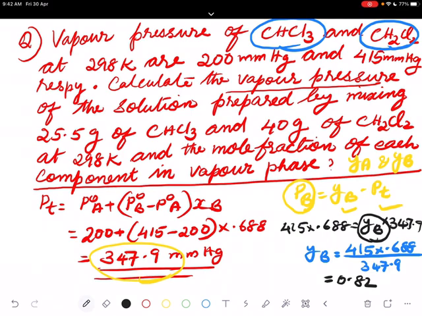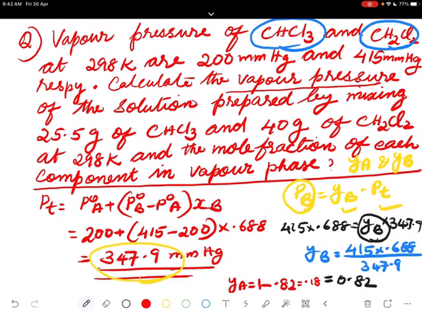Ya is equal to 1 minus 0.82, that is 0.18. That is how we do the calculation.